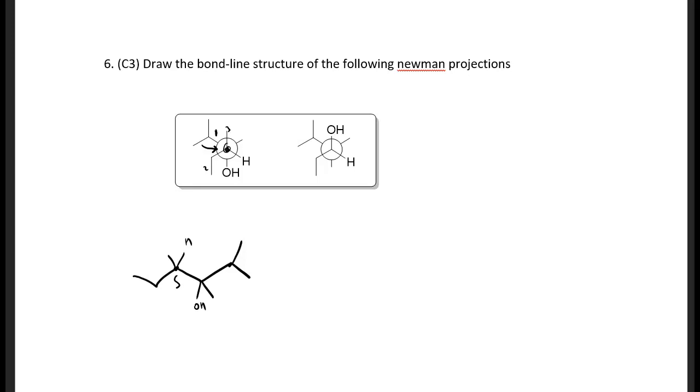And then looking at the back carbon, we've got our OH here, so that's going to be ranked 1. This front carbon is connected to that. That's got a methyl and an ethyl, which beats the methyl and methyl. So that's going to be 2, and this is going to be 3, and that methyl is going to be 4.